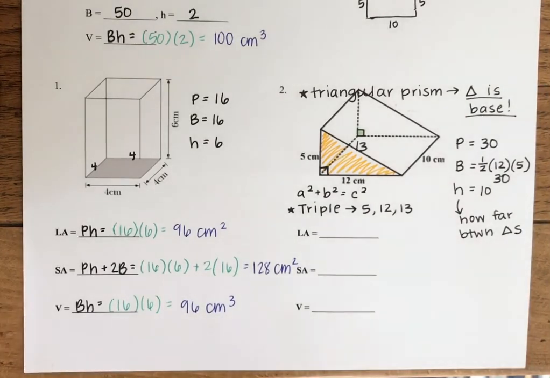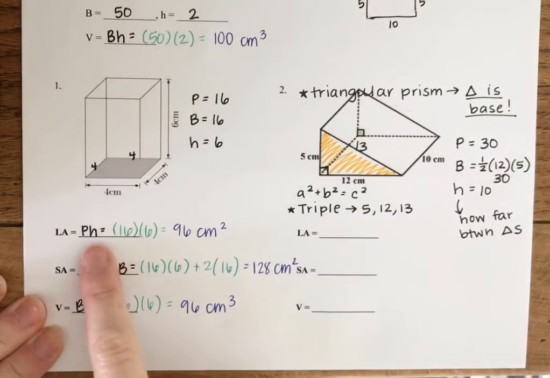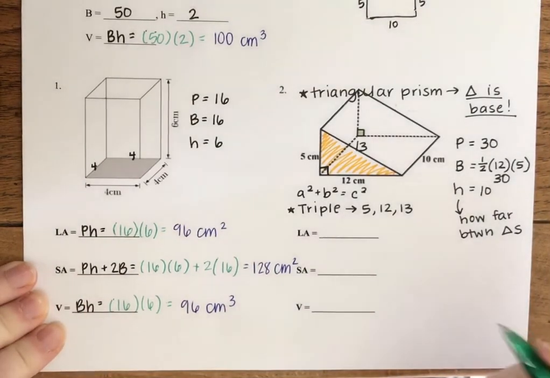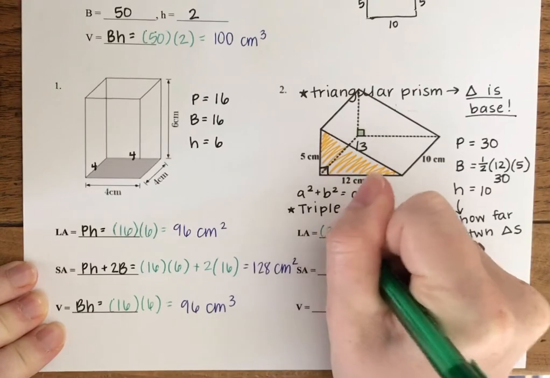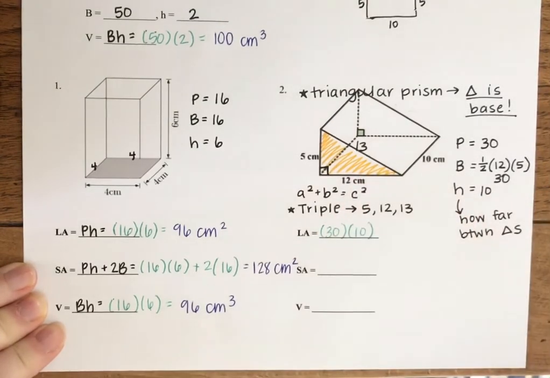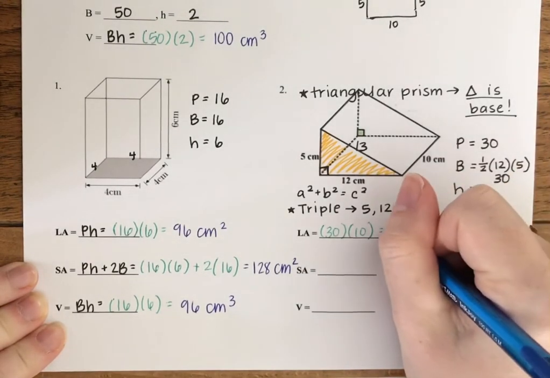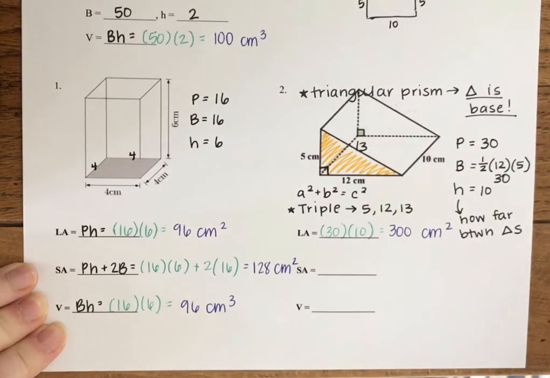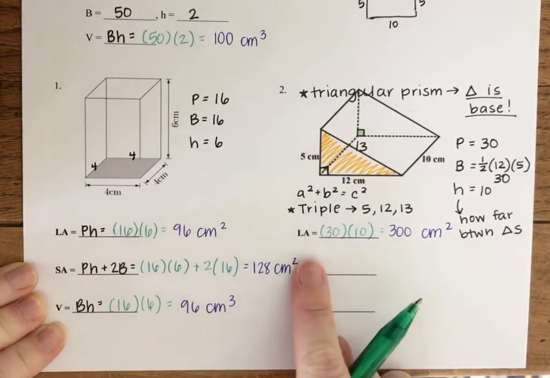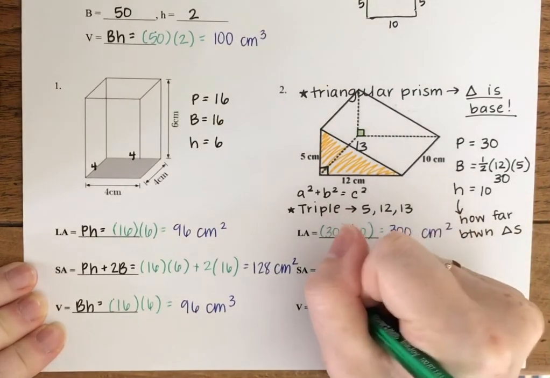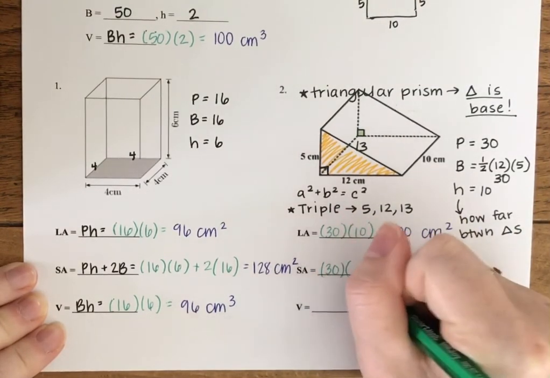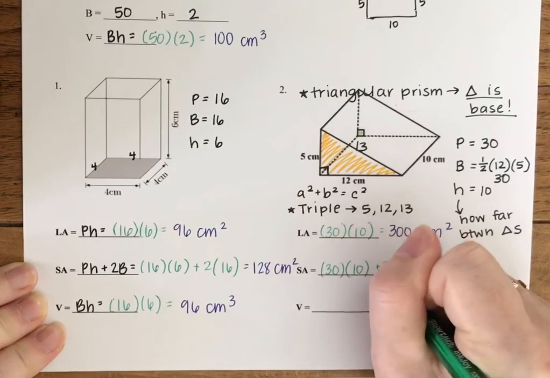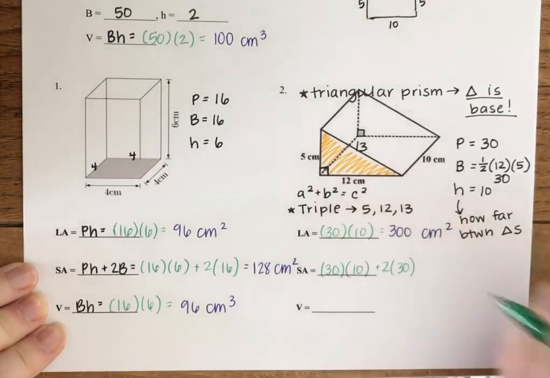All right, let's go ahead and plug into our three formulas. So lateral area, same thing over here, is P times H, so 30 times 10. That's gonna end up giving me 300. We're still working in centimeters, so 300 centimeters squared. Surface area, same as over here, PH plus 2B, so 30 times 10 plus 2 times 30.